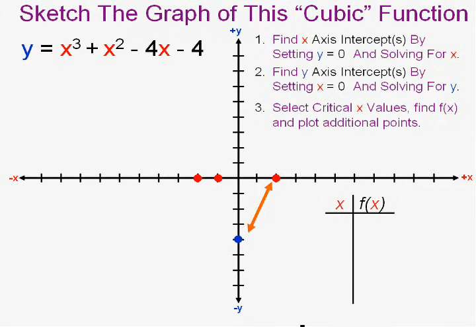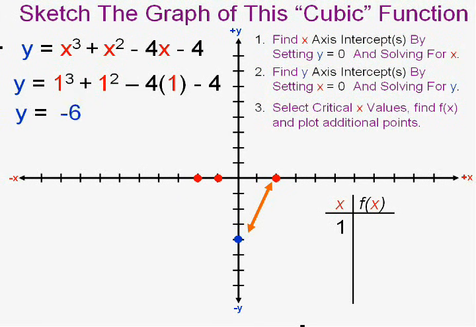Does it go straight to that point, or does it go down first and then come up, or what does it do? Well, the only number or value that's between those two is 1. So let's plug in a 1 and see what happens. If we put in 1 into this equation, in every occasion of x, I get -6. So I know the point 1, -6 is on there, and let's plot it.